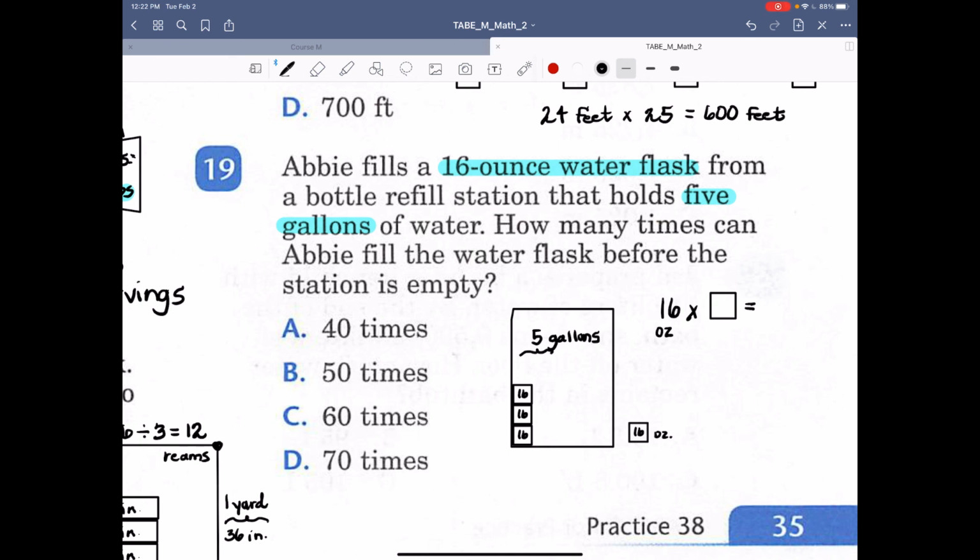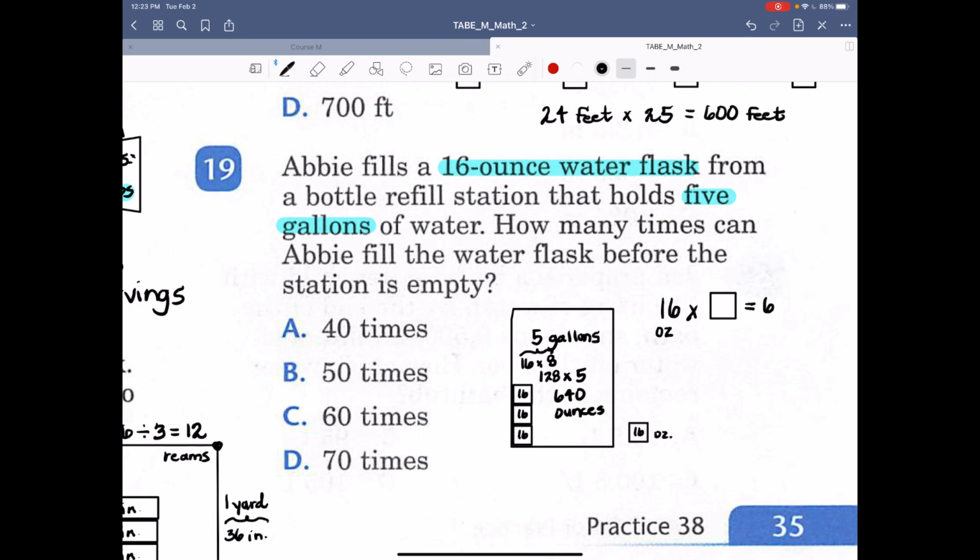I know that there are 16 cups in a gallon, and that each cup holds 8 fluid ounces. So 16 times 8 is 128 ounces, and we have 5 of those. We have 5 gallons. So we're looking at a tank that holds 640 ounces.